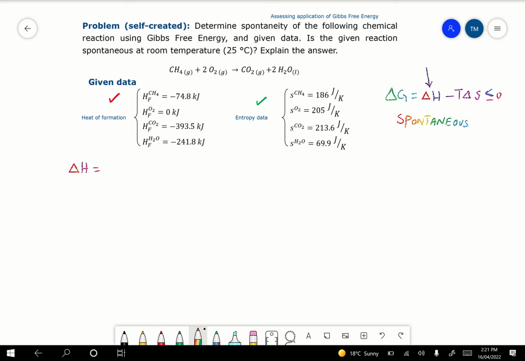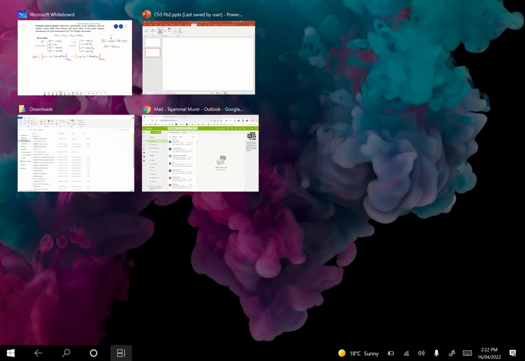Delta H is equal to heat of formation of products minus heat of formation of reactants. Okay, now this is basically the rule.